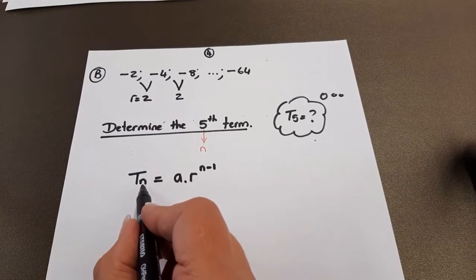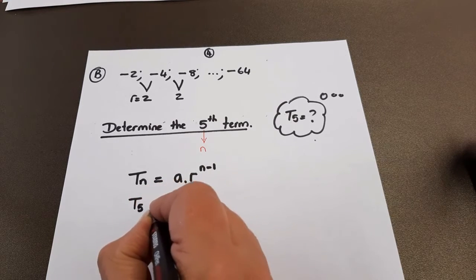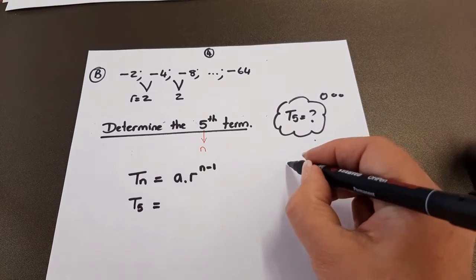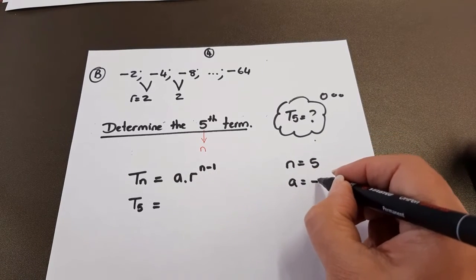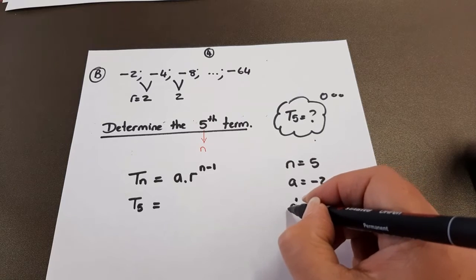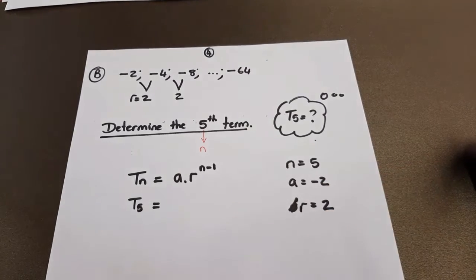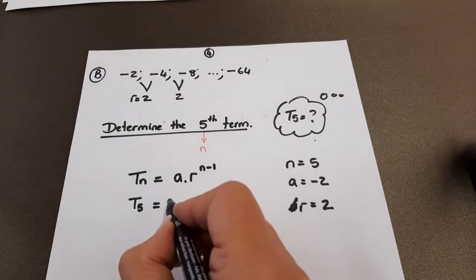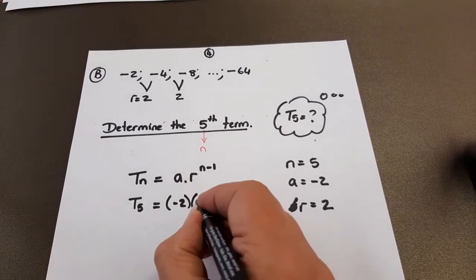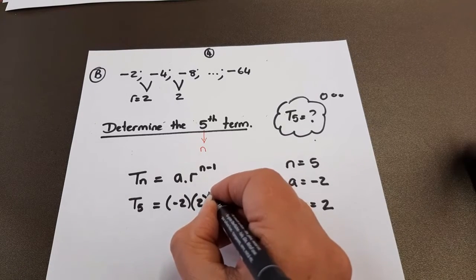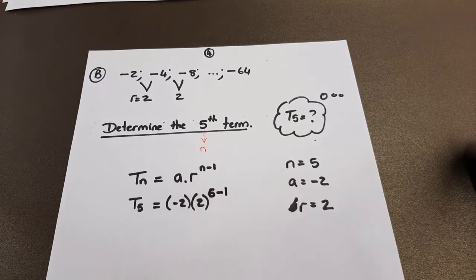We want to work with T5, so n is 5, A is minus 2, our R is 2, and we substitute everything in. A is minus 2, R is 2 to the power of n, which we know is 5 minus 1.